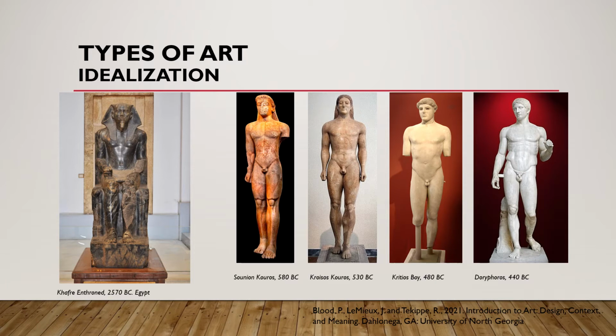The third one, I'm sorry, is really the beginning of the classical Greek style. It is less rigid, the beginning of contrapposto, which is an asymmetric pose. And then the one on the far right uses a contrapposto pose, and the classical realism that the Greeks were known for. So you can see how the representation of people changed throughout the years.